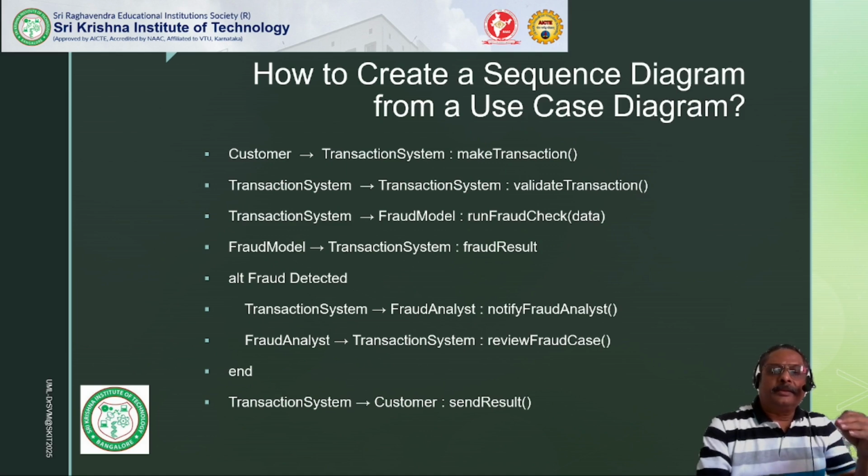Alternatively, if fraud is detected, then the transaction system will send to the fraud analyst, notifying that such a transaction is identified as a fraud by the system. Please verify, and then the fraud analyst will verify, and that review report is forwarded back to the transaction system. And at the end, the transaction system will send back to the customer the result.